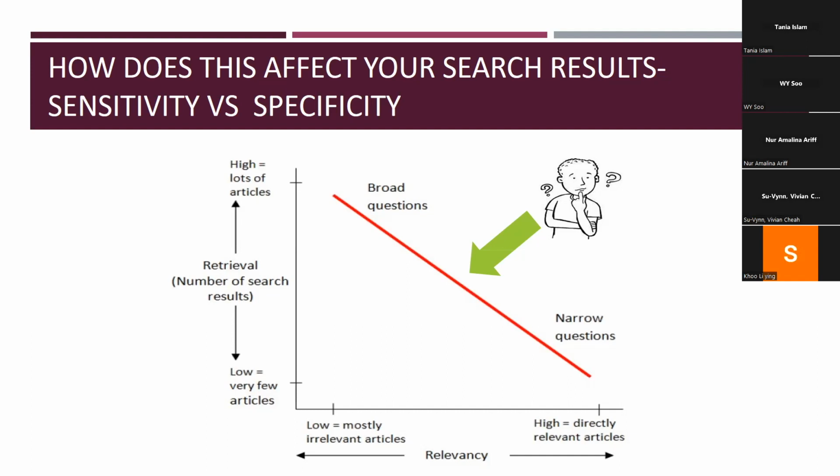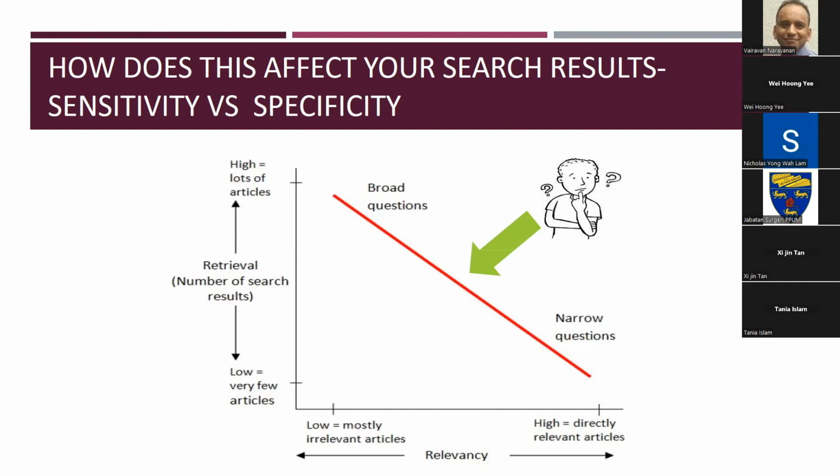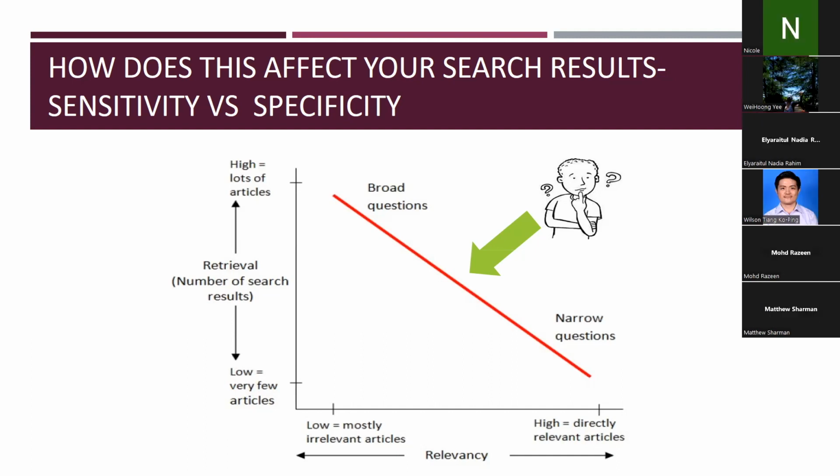Sometimes it really depends on your topic. Your topic can be a very common research area, but if it's too unique, there are very few papers, and then it can be very narrow. What I'm trying to say here is to make sure your question itself is not too broad or too narrow. That will actually affect your search later on.